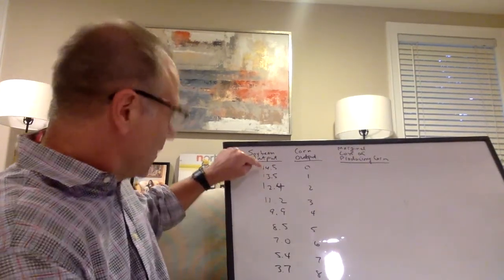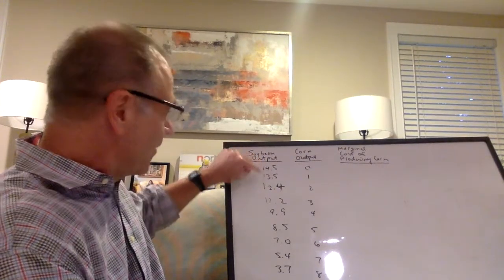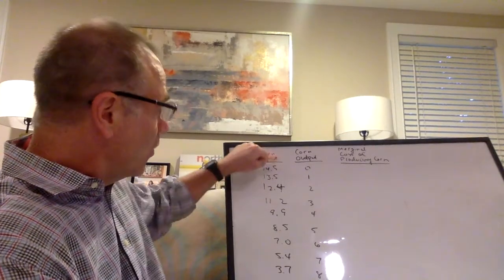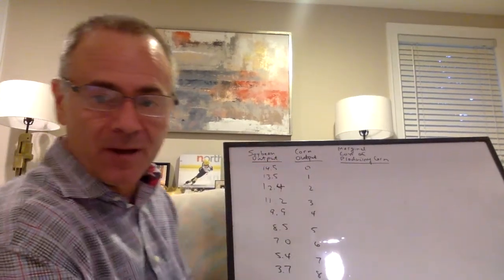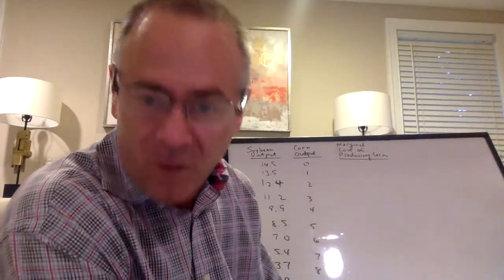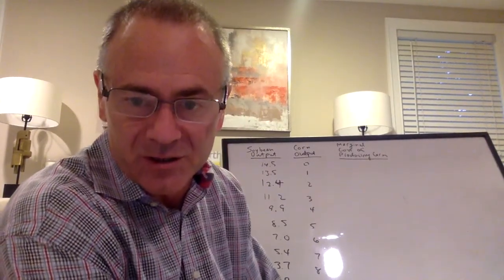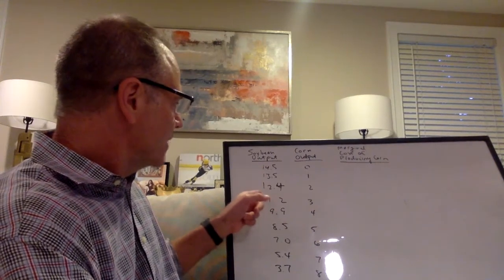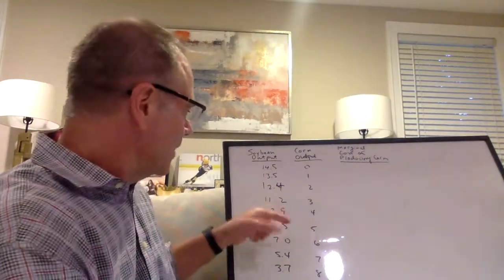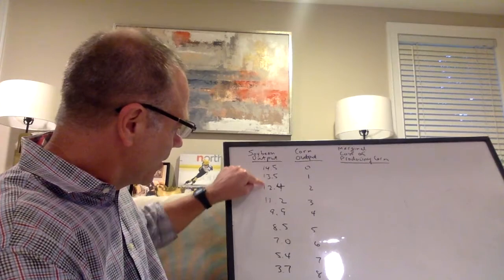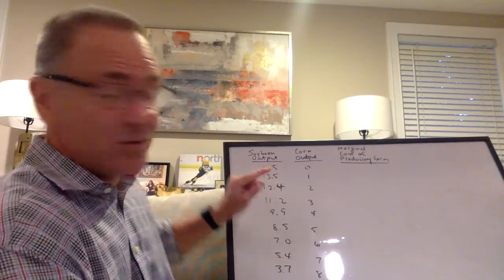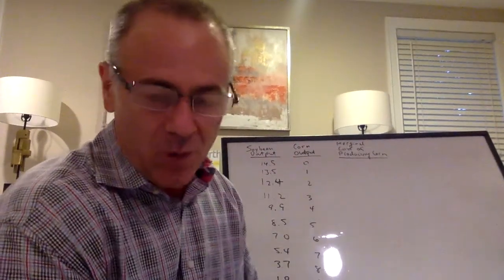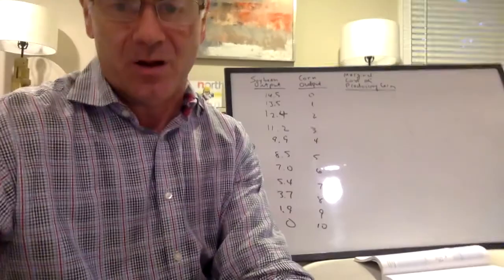It decreased from 14.5 to 13.5, which is 1, for the first bushel of corn, and decreased 1.1 for the second bushel of corn. Next, if the farmer wanted to produce 3 bushels of corn, then he would only be able to produce 11.2 bushels of soybeans. And notice that decreased a little more here. The decrease from 12.4 to 11.2 was 1.2. All right, so you can go through that table on your own.